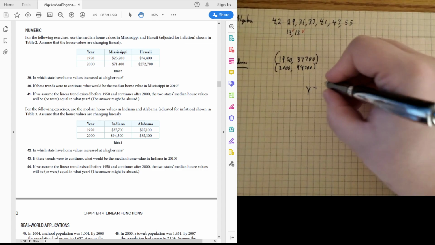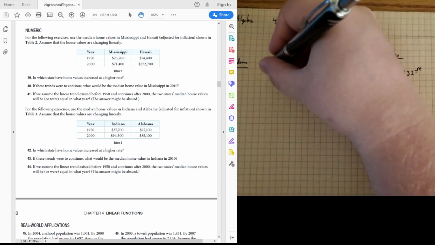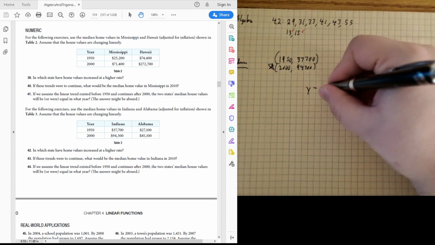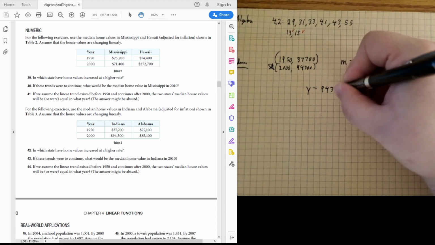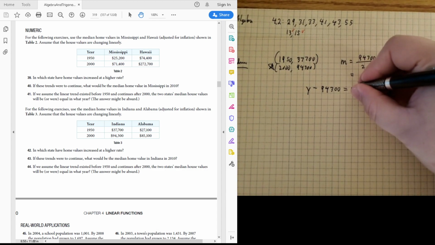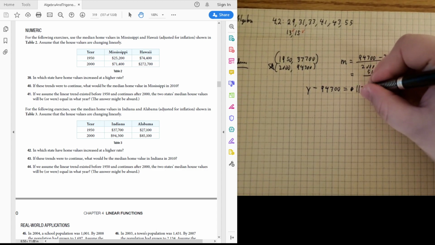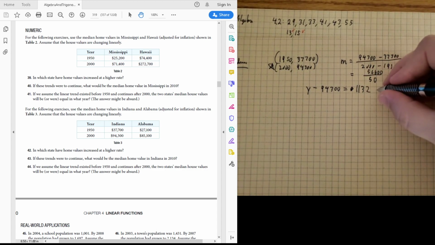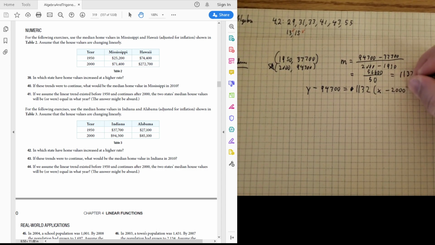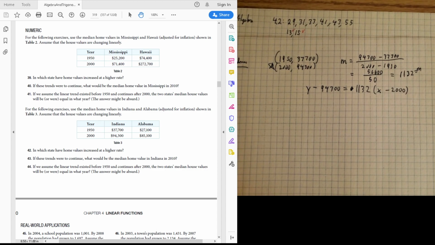And now I can find the equation. Y minus a y value. I'm going to use this bottom one again, 94300 equals m, which in this case is 1132 times x minus 2000. And then I start solving.